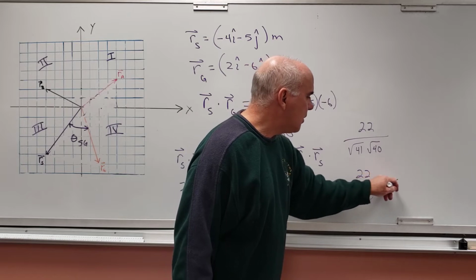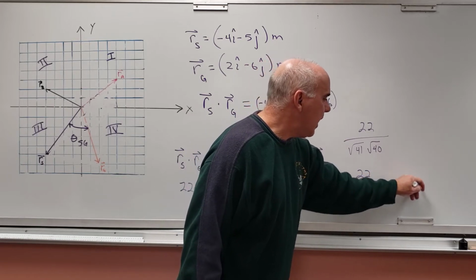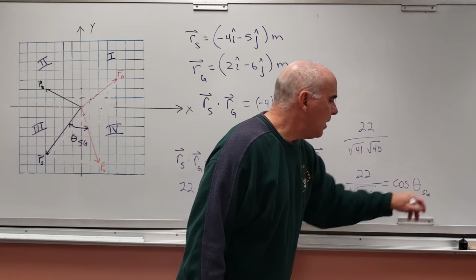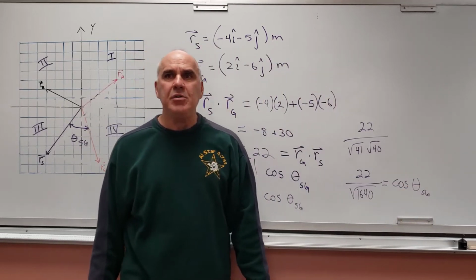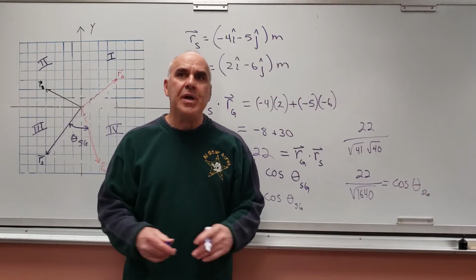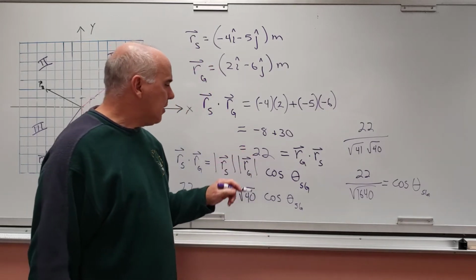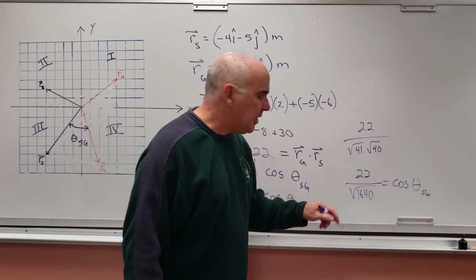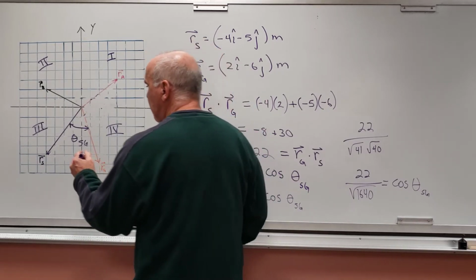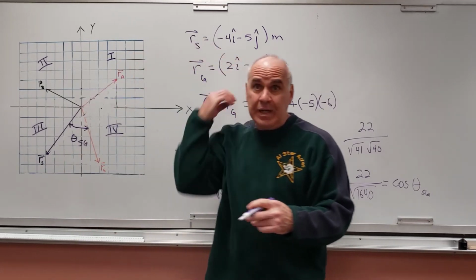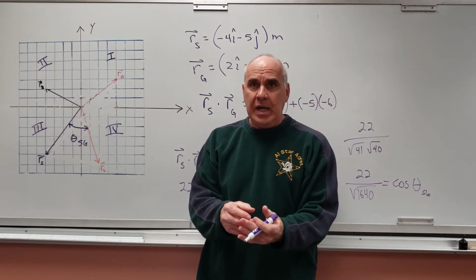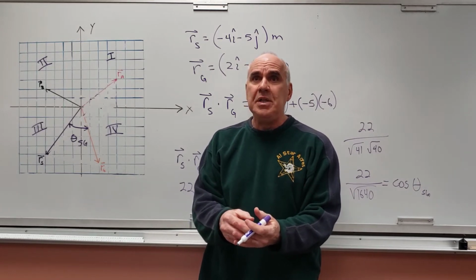And that's going to equal the cosine of the angle between Shelby and Grayson. And if I do that, I'm going to come up with the angle between Shelby and Grayson as being equal to, okay, I've got to get my calculator out. I've got to figure out what all that's going to be.